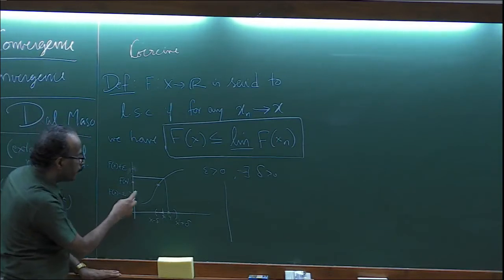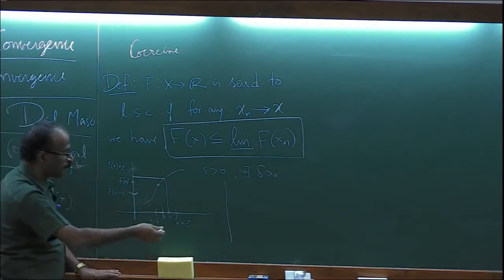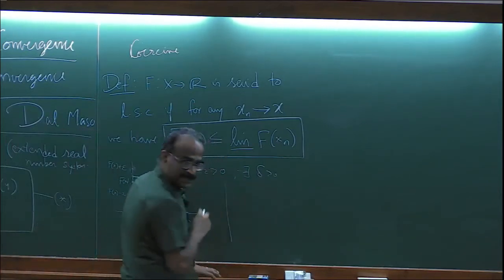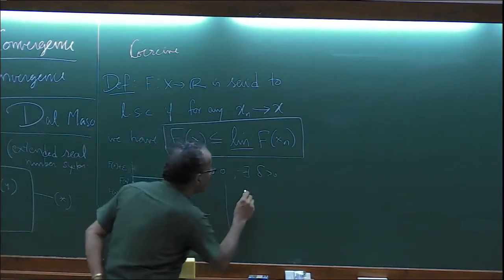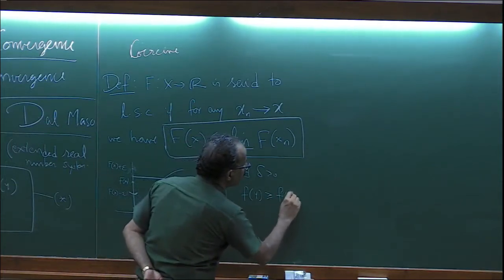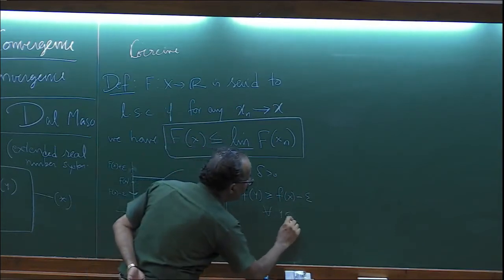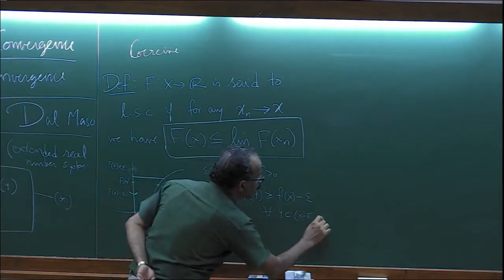So given epsilon greater than 0, there exists a delta greater than 0 such that f of y is greater than or equal to f of x minus epsilon, for all y in x minus delta to x plus delta.